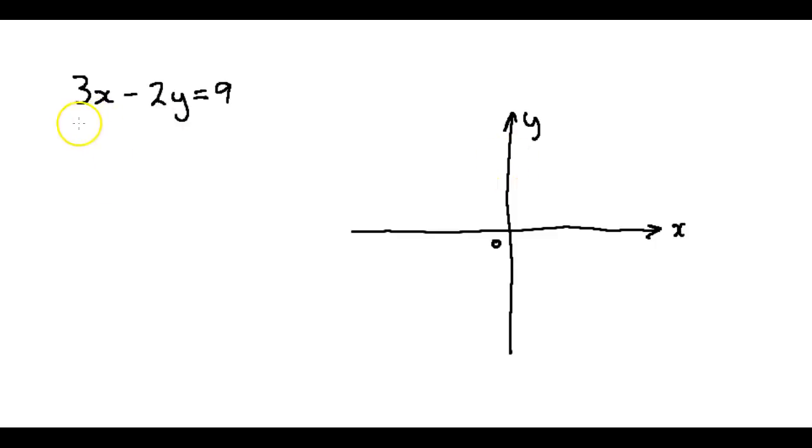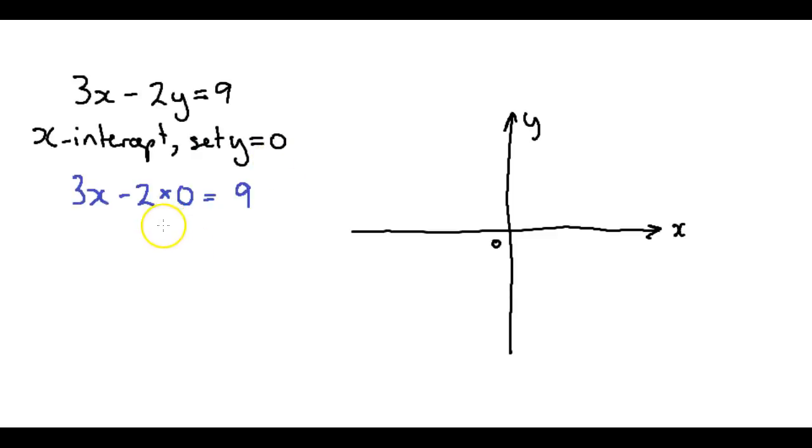Let's have a look at this example. 3x minus 2y equals 9. The first thing we're going to do is find the x-intercept. And the way we set our work out is important. So we write x-intercept. Now we replace y equal to 0 into the rule.